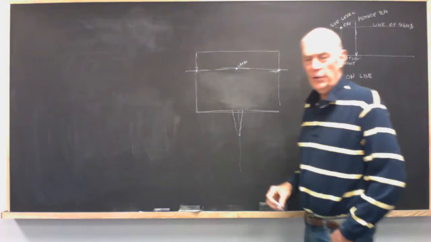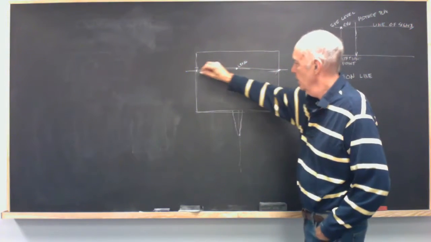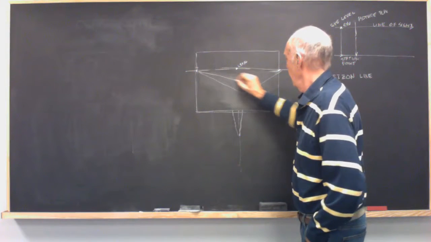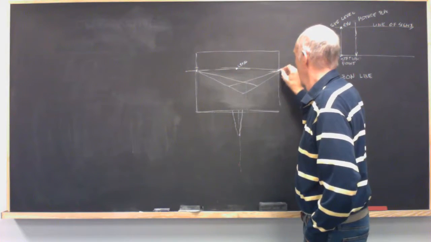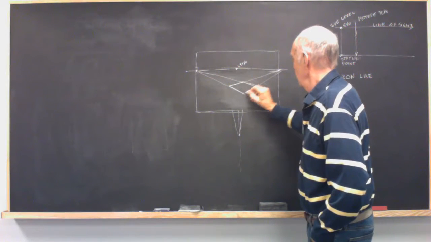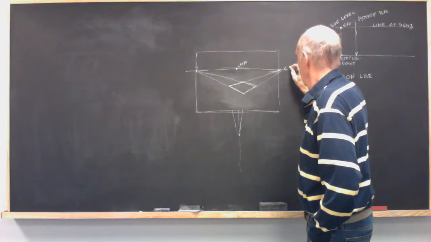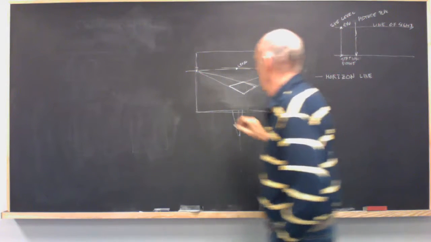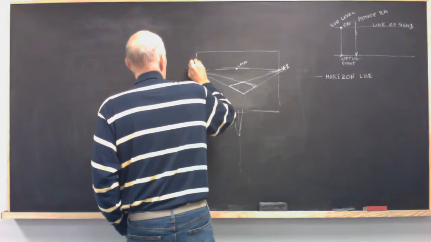First thing I'm going to do is draw just a plane lying on the ground plane, using vanishing point right and vanishing point left.